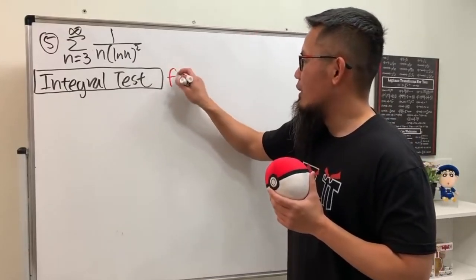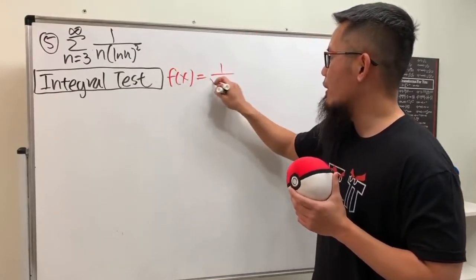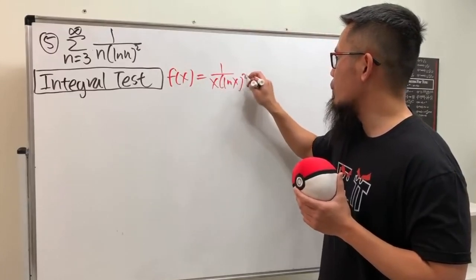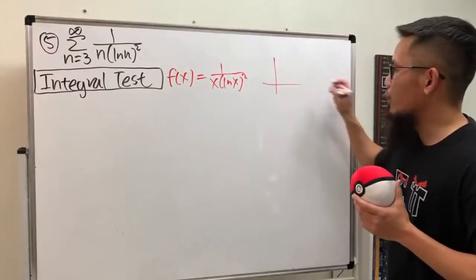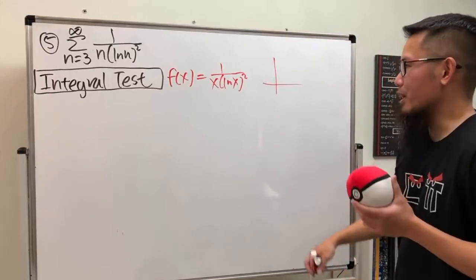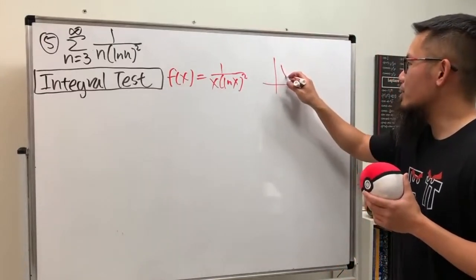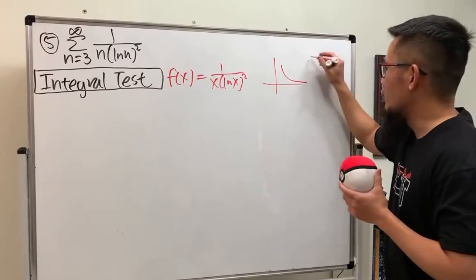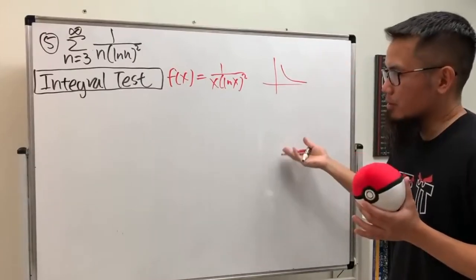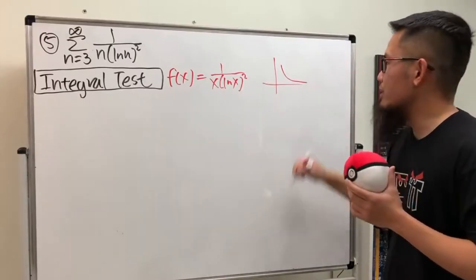Anyway, write down the function, which is 1 over x (ln x) squared, and then supply the graph real quick. I haven't used a calculator for this yet, but it's going to look like this almost always when you have a regular calculus 2 question that requires the integral test.